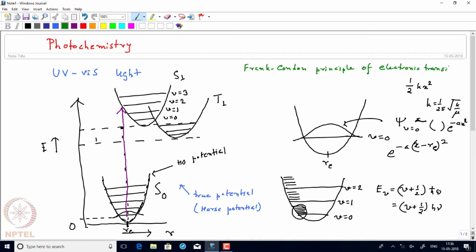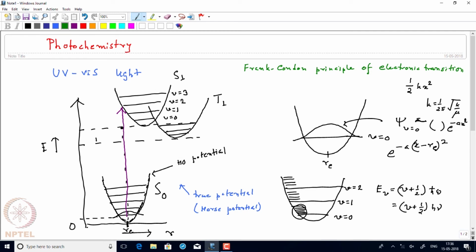It says that during the electronic transition, the vibrational motion will be fixed, and on this diagram I can show the electronic transition with vibrational motion frozen, that there is no vibrational motion during the electronic transition.